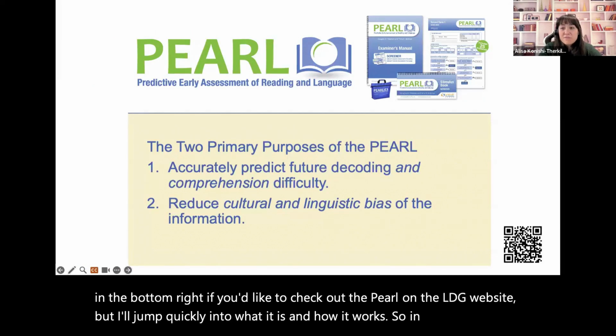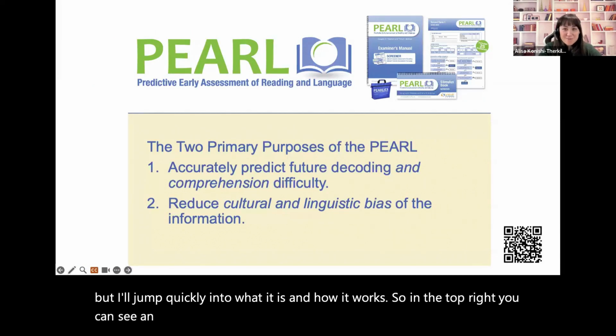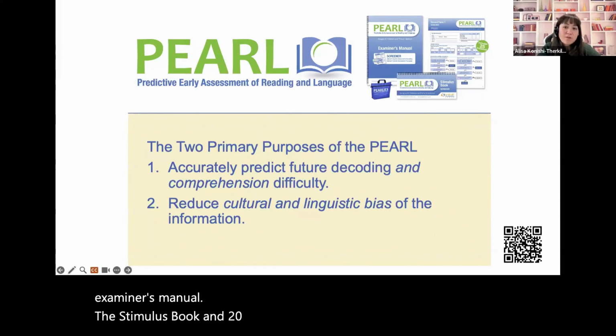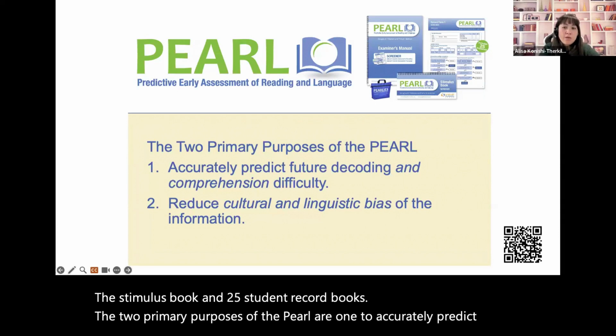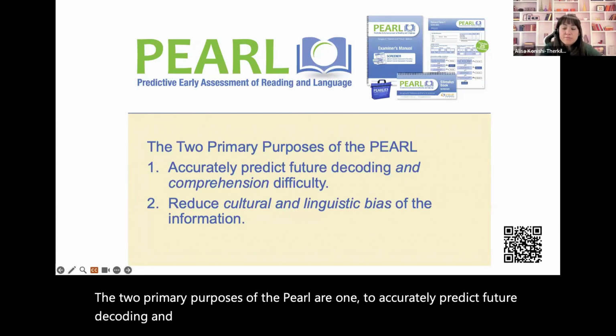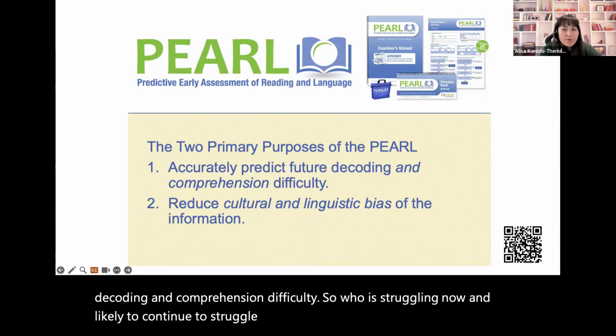So in the top right, you can see an image of the assessment kit. The PEARL kit includes an examiner's manual, the stimulus book, and 25 student record books. The 2 primary purposes of the PEARL are, 1, to accurately predict future decoding and comprehension difficulty. So who is struggling now and likely to continue to struggle if we don't provide some extra support?